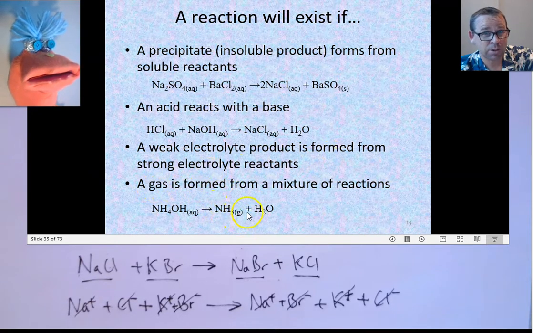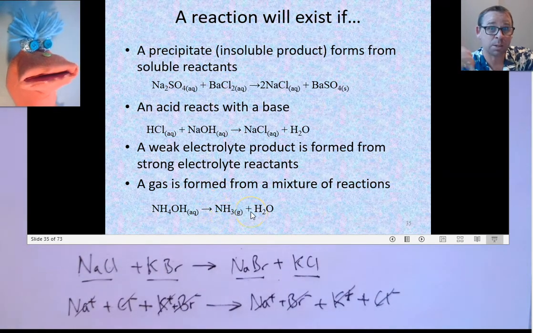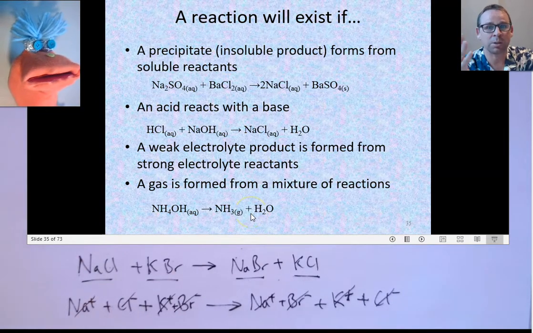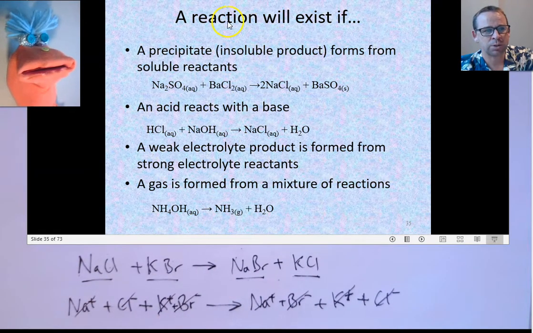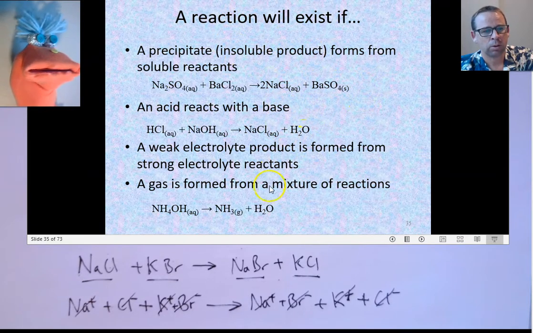Now, if a gas forms in solution, not all of it stays in solution. Some of it rises up as bubbles and leaves. And that prevents the reaction from going backwards. So these are the scenarios that will cause a reaction to occur. A precipitate, water forming, or gas forming, okay?